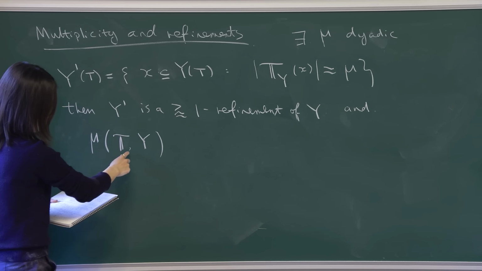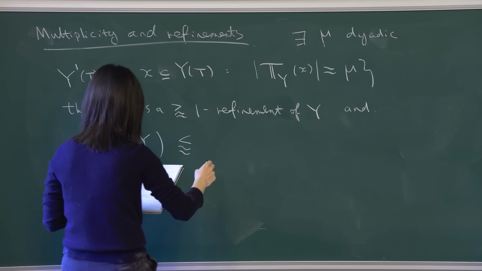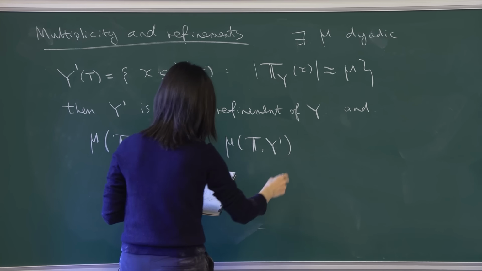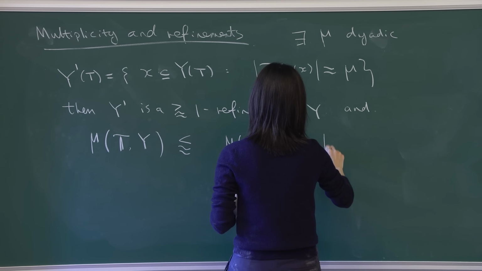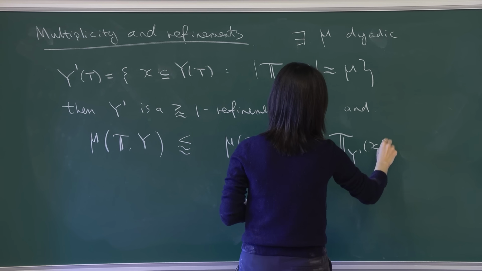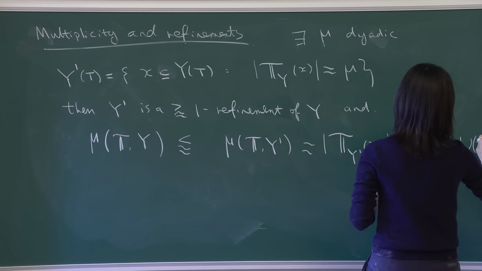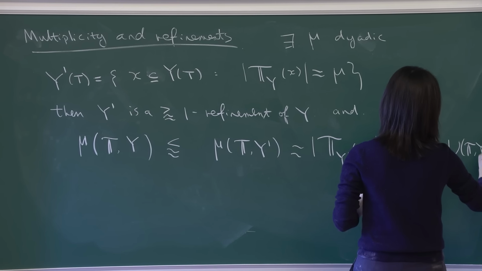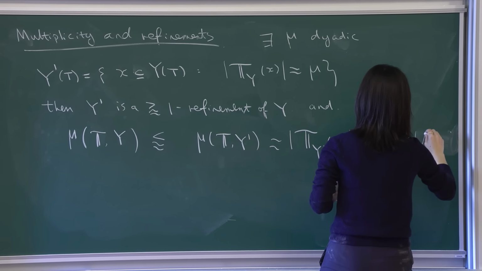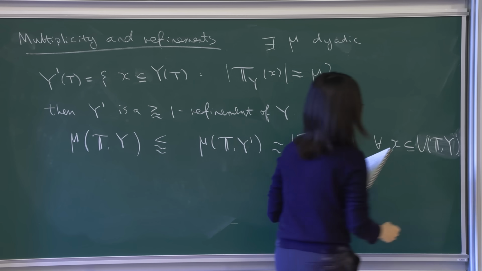The multiplicity of T with respect to the original shading is less than approximately the multiplicity of T with the new shading, which is the same as the cardinality of T_{Y',X} for any x contained in the union of T_{Y'}.